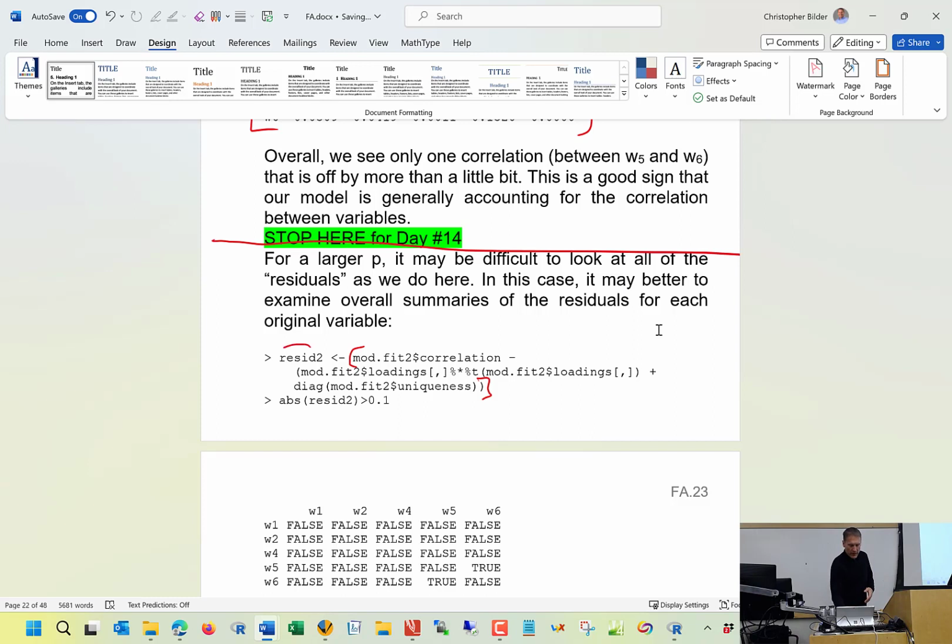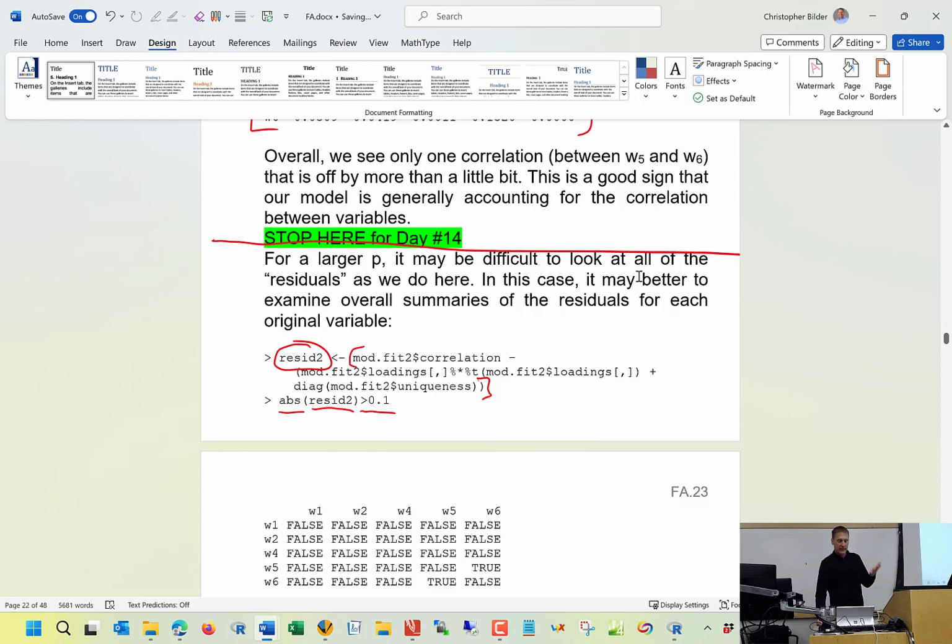Let's say I put these into an object called resid2, and then if I say abs for absolute value of resid2, it's going to find the absolute value of all those residuals, one at a time. And then if I say greater than 0.1, it's going to do a logical check.